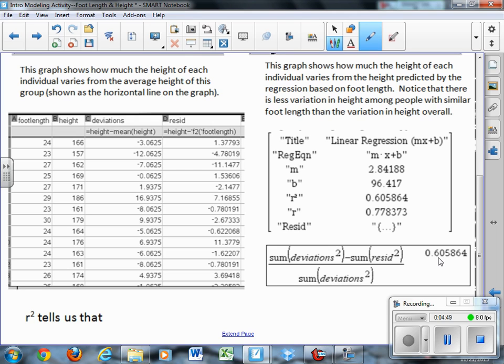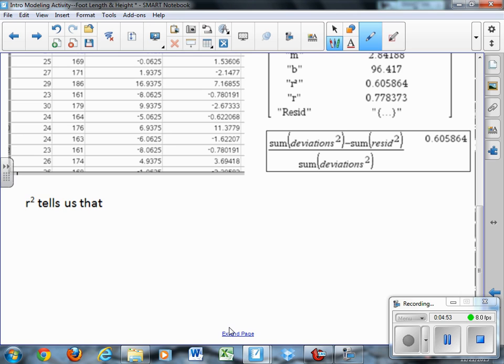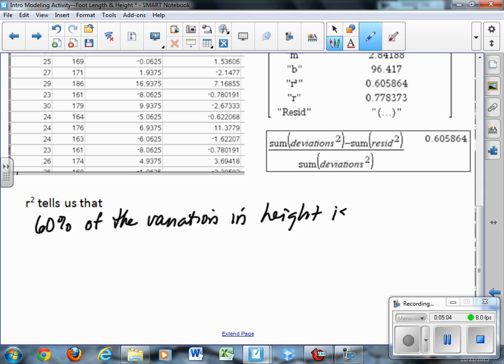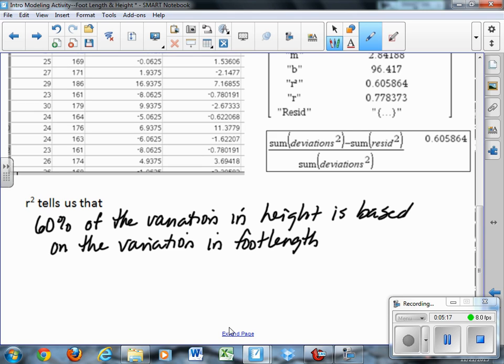In other words, R squared tells me that 60% of the variation in height is based on the variation in foot length. Okay, so if I know the variation in foot length, that explains 60% of the variation in height.